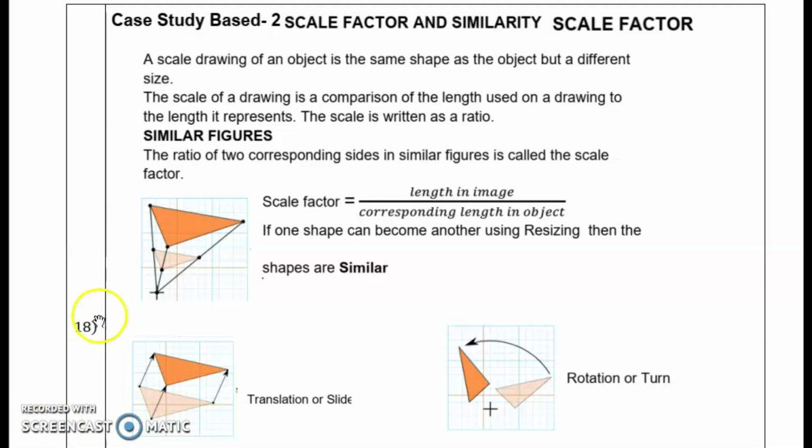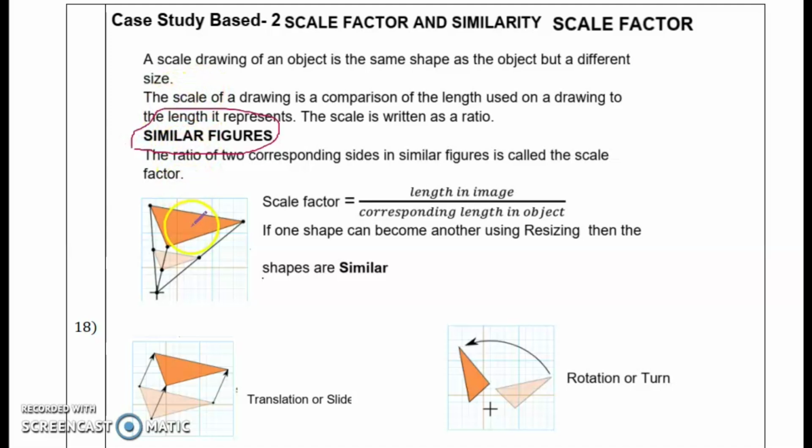You see here, it is talking about similarity and scale factors. I think this is a simple problem. They are trying to confuse you with respect to the diagrams. We have to understand the meaning of similar figures.